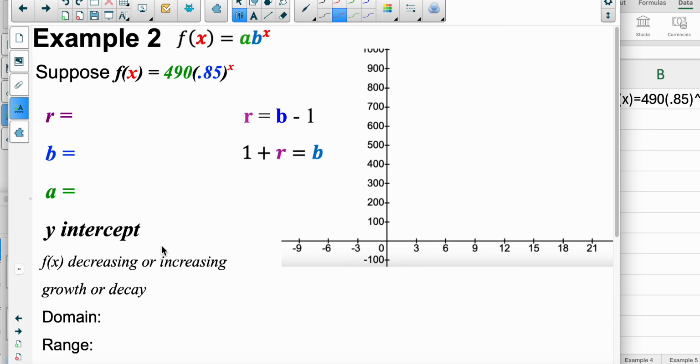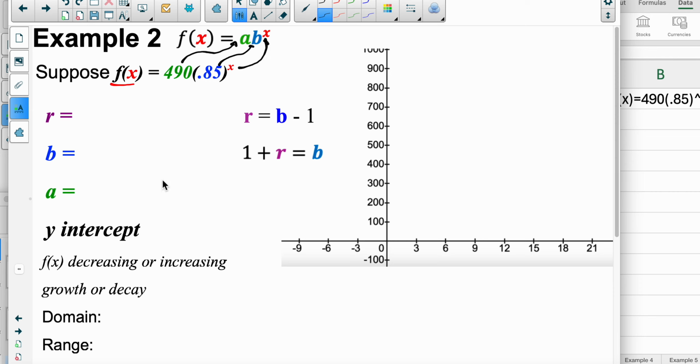So let's take a look at this problem here. All right. I'm given a function, f of x equals 490 times 0.85 raised to the x. And we can see that it is in this exponential form here, a times b raised to the x.